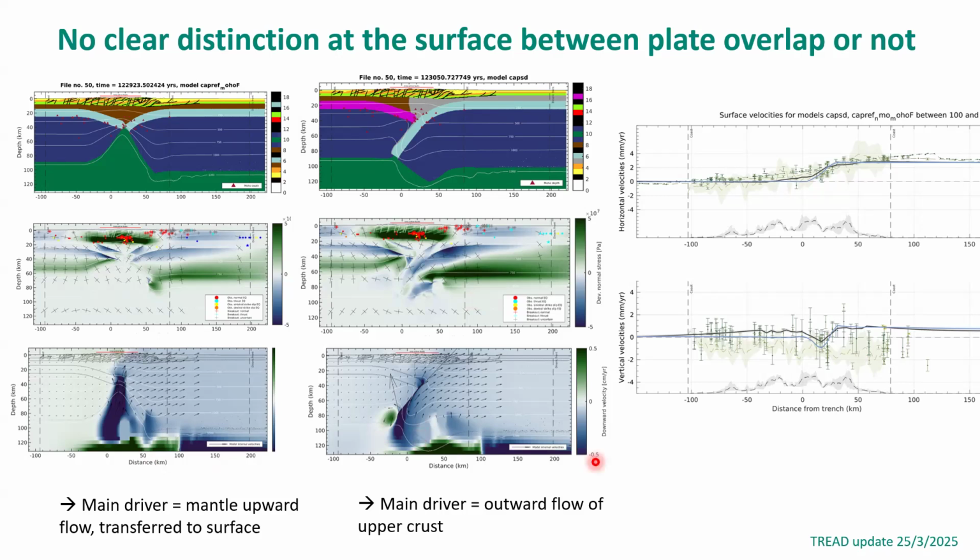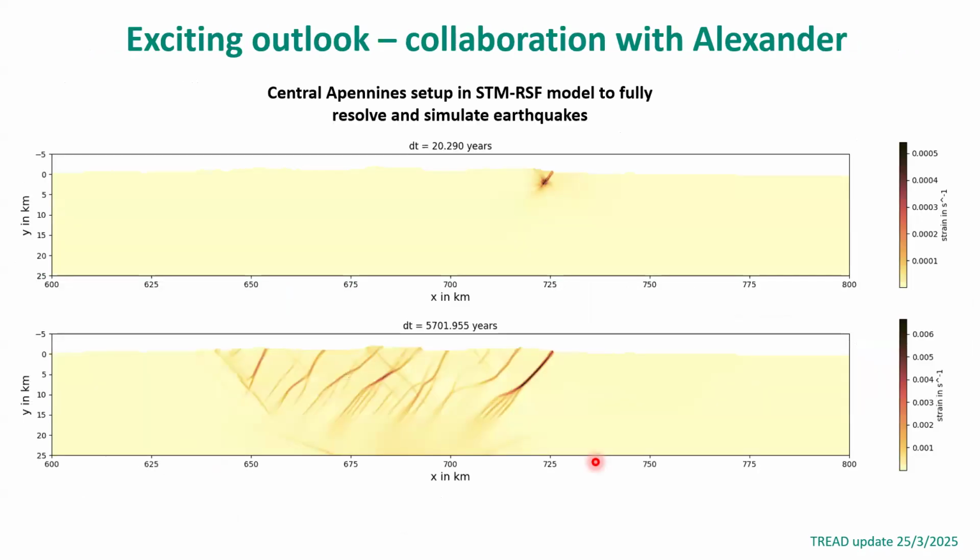And then I also have some more exciting news. I started collaborating with Alexander, and we managed to load my Central Apennine setup into his rate and state friction model. With this model, we will be able to fully resolve and simulate earthquakes.